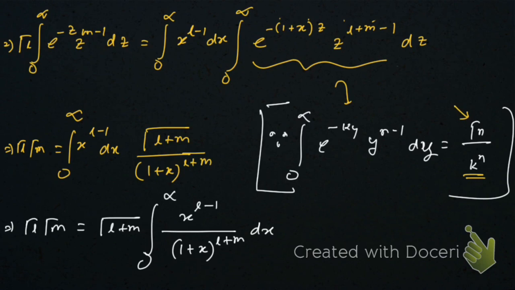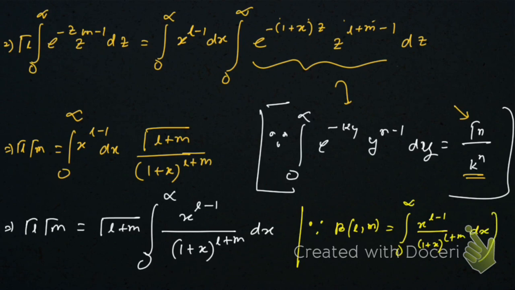So here you see, in the previous lecture, in lecture 5, I have already shown you that beta of l comma m is equal to integration 0 to infinity x to the power l minus 1 divided by (1 plus x) whole to the power l plus m dx. So these things we have proved in the previous lectures.